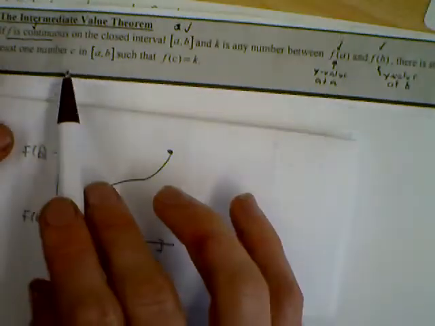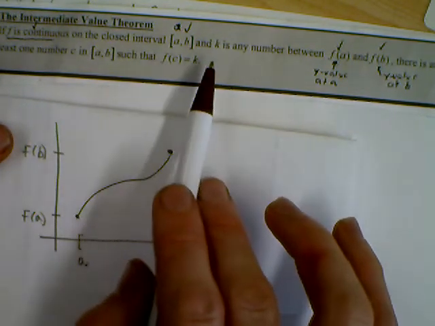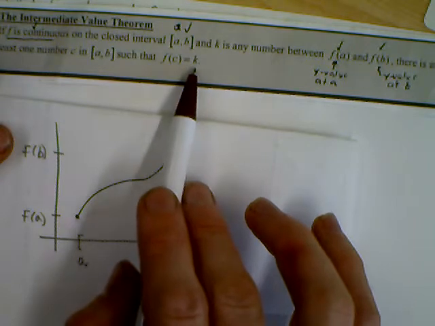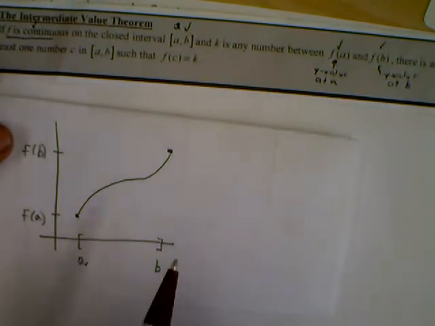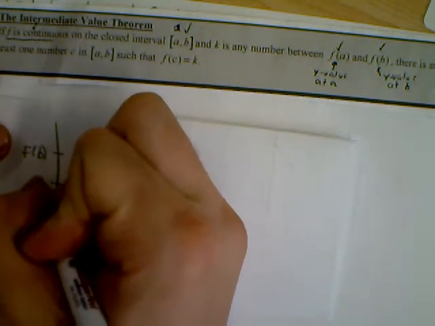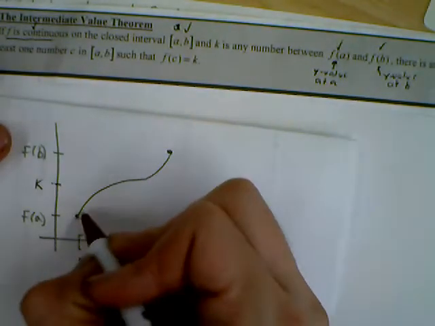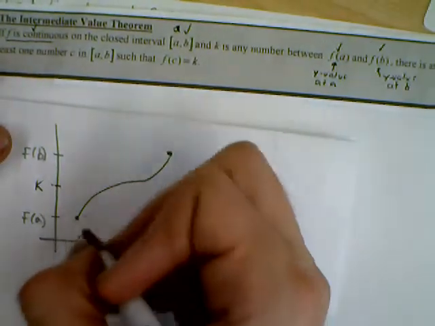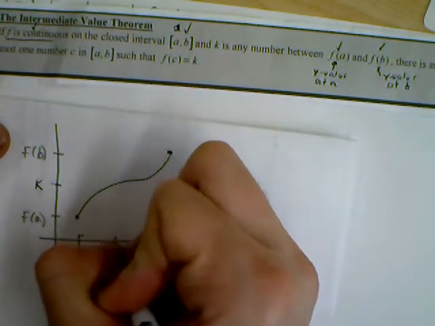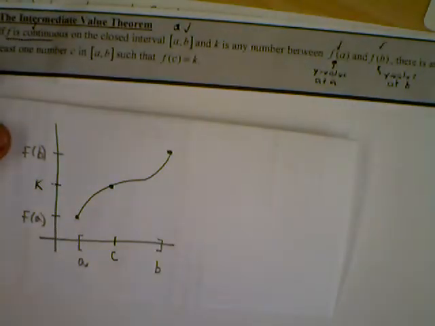It says there is at least one number c in [a, b] such that f of c equals k. All right, so all that's saying is if I want to find a specific y value and I call it k, if our function is continuous on this interval, there has to be an x value c that goes with that y value.